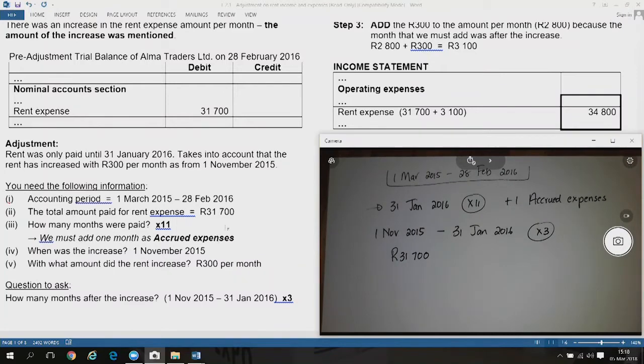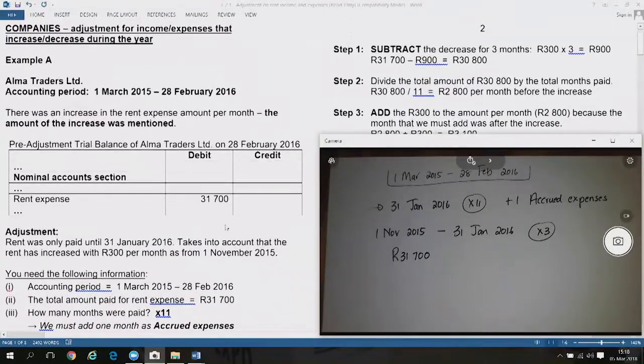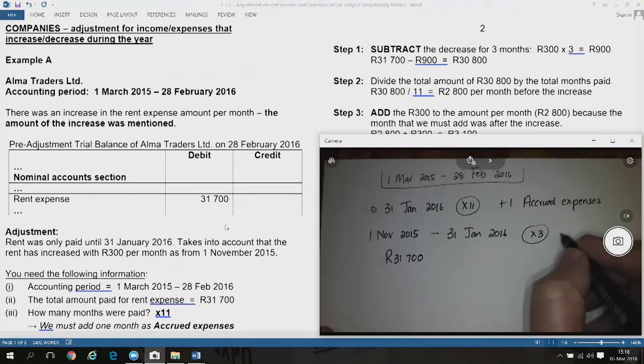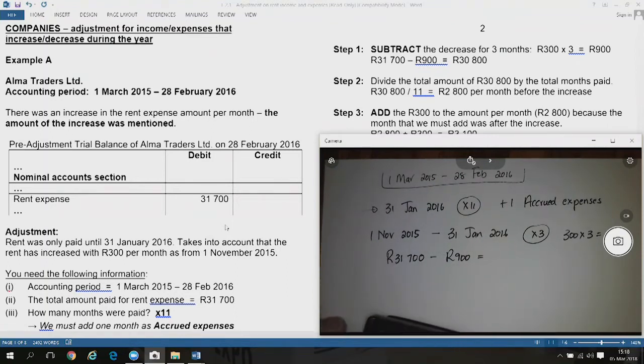If we go to the next page, we will see that we must subtract the 300 Rand for 3 months from that, so that we can divide it by 11, and then we must add back that 1 month. So the first thing that you do, you say 300 Rand times 3 gives you 900 Rand. Then you minus the 900, because remember, we want to divide it by 11.